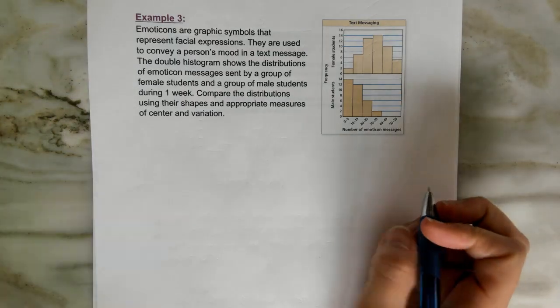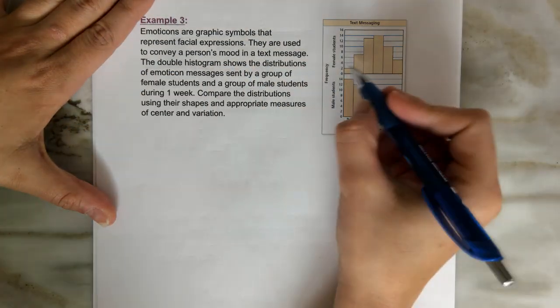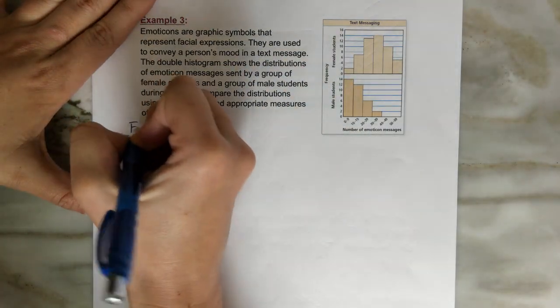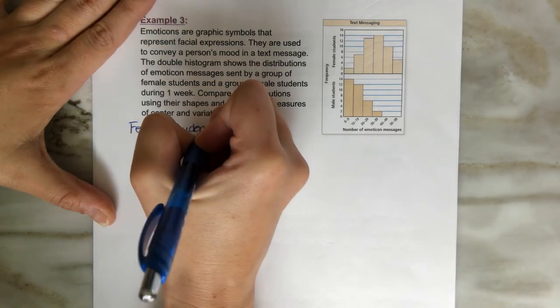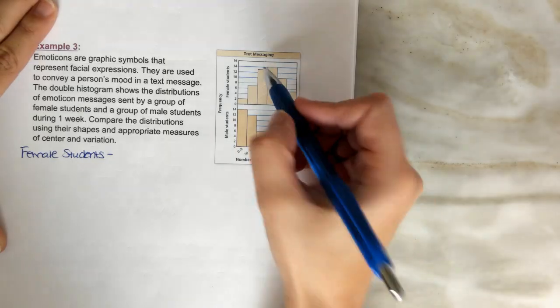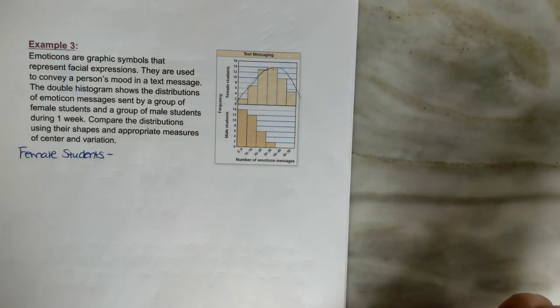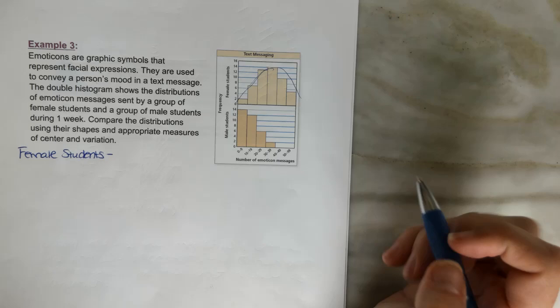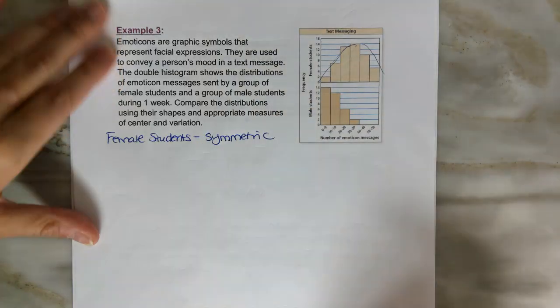So first, let's determine the shapes of the distribution. On top, we have the female students. And let's look here at the shape of this distribution. It definitely looks like most of the data is in the middle. It doesn't look like there is a tail on either side, so I'm going to call this symmetric.